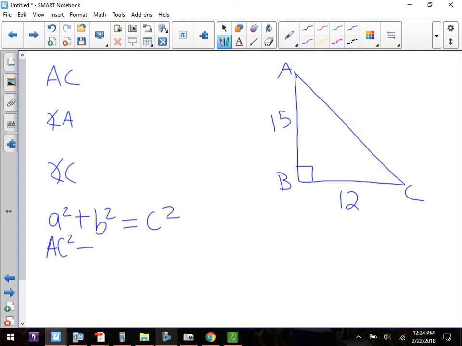So AC squared equals 12 squared plus 15 squared. And that will give you some big number, and then you have to do the square root. So AC equals 3, so we found the hypotenuse.